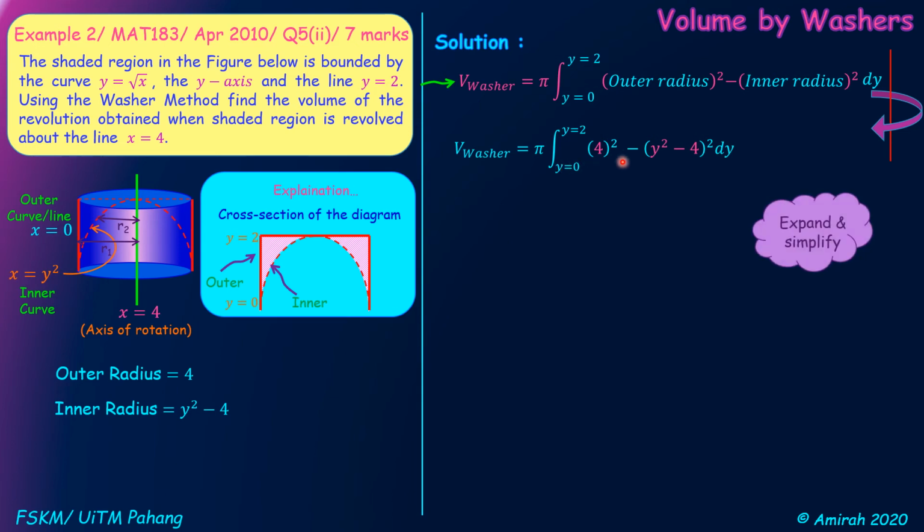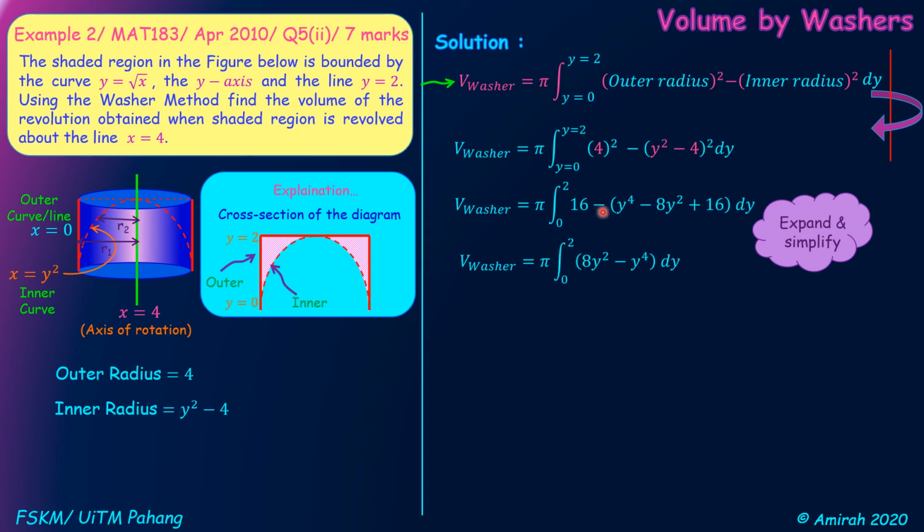After that, we need to expand and simplify. After we expand and simplify, we get this: pi, and then integrate from 0 to 2 of 16 minus, y to the power of 4 minus 8y squared plus 16. From here we simplify, so we get pi, integration from 0 to 2, and then 16 minus 16 gives 0, no need to write.